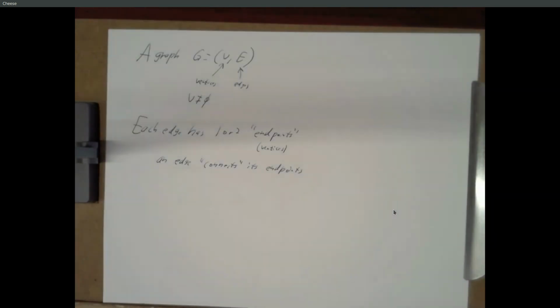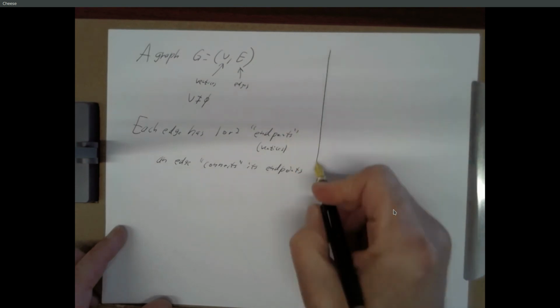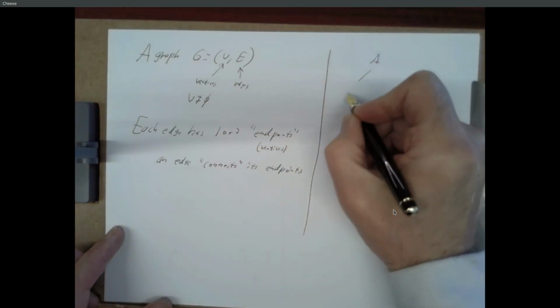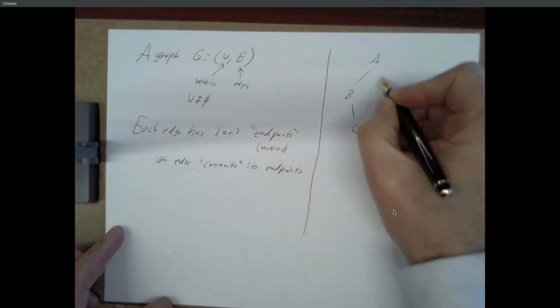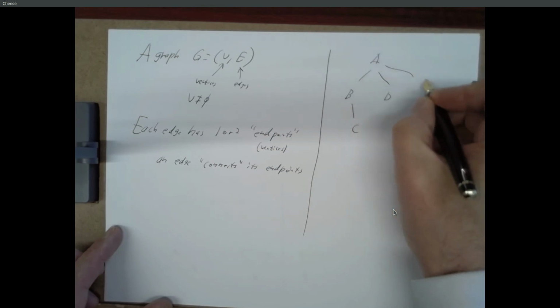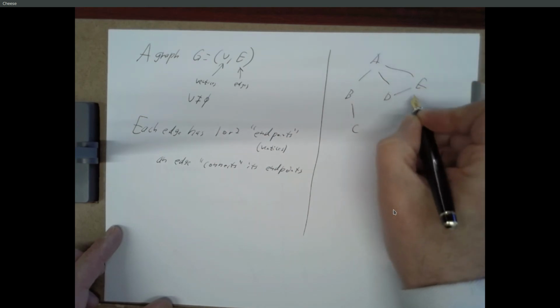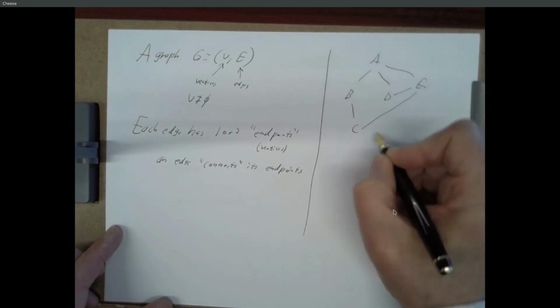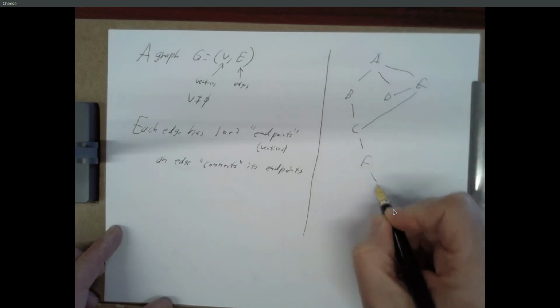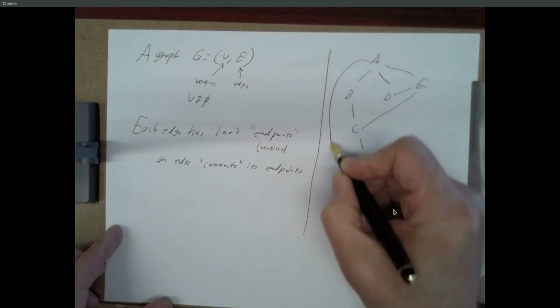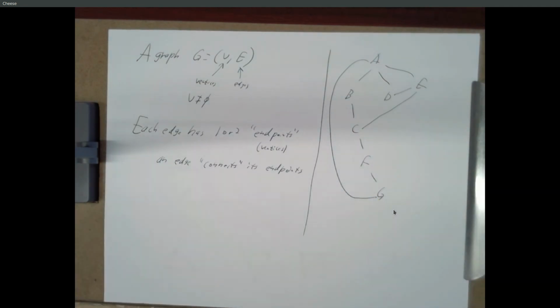So we can make acquaintance graphs. Our vertices here are people, and an edge means that these two people know each other.